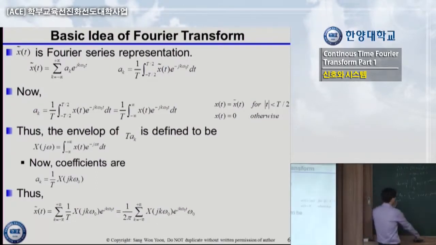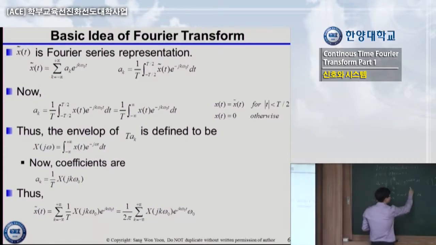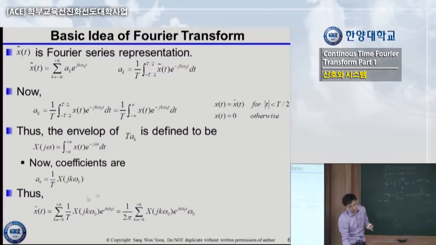So to get a function of omega, let's change omega 0 k to omega, so to omega t. That's what you can see here.